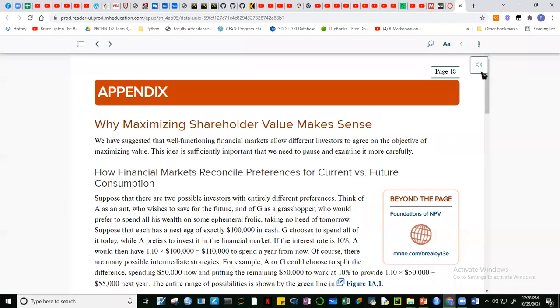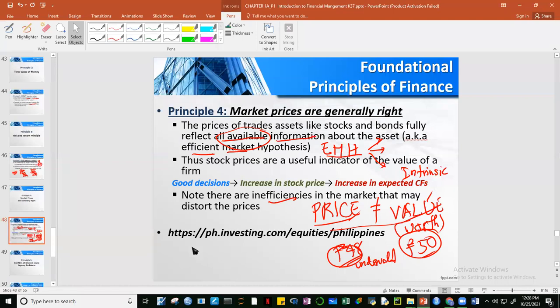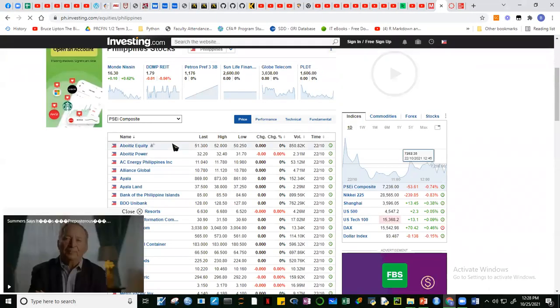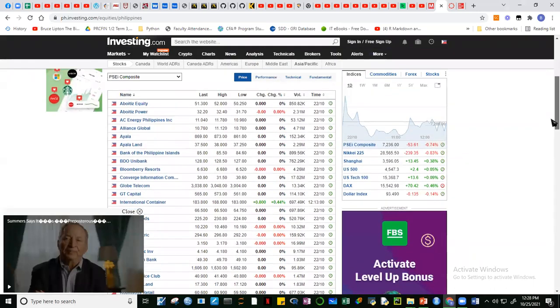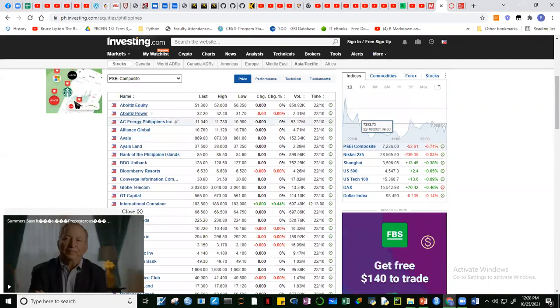Okay, so for example, let me show you guys. Okay, here, this is investing.com. I shared with you that site. If you take a look at this, so you see, guys, all the prices here. This is the PSE, the Philippine Stock Exchange Composite. Okay, Aboitiz Power, Ayala.